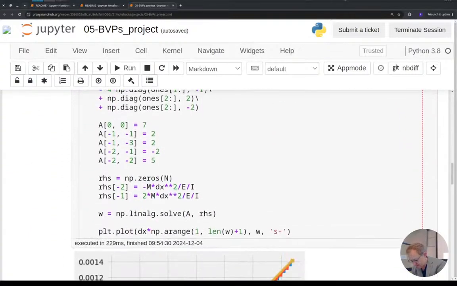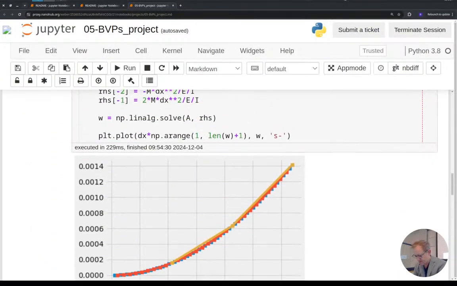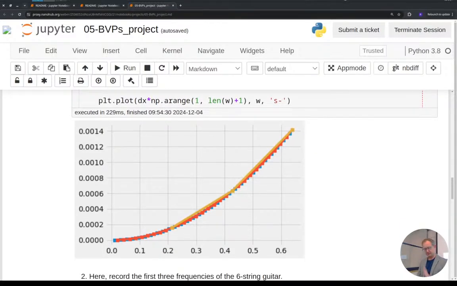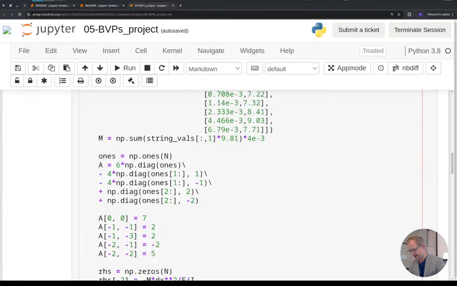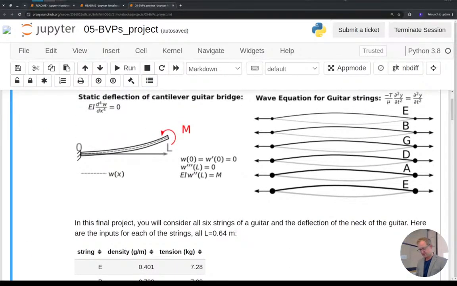So last time we looked at modeling the shape of the guitar neck when we have a torque applied right at the end of the guitar. And what we find is that using finite difference is an exact solution in this case.